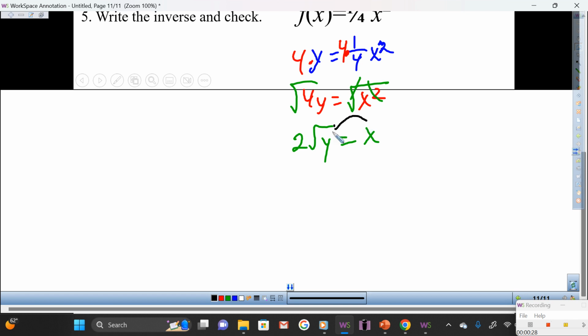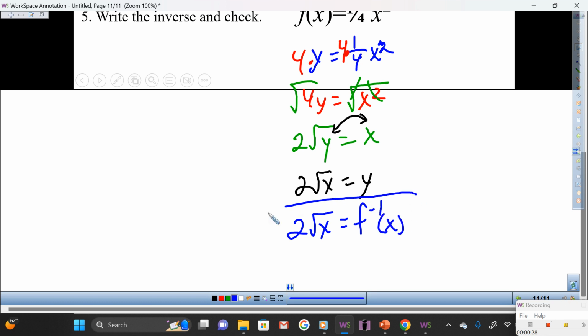Switch the variables. That is correct. 2 square root of x equals y. And then we rewrite it in function notation. 2 square root of x equals f inverse of x. Yeah, Lorena from the corner. Let's go.